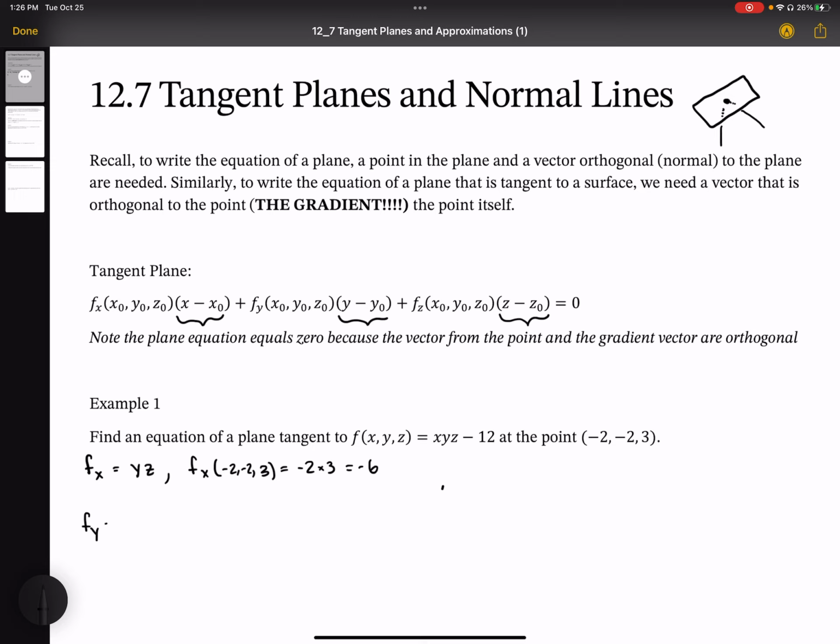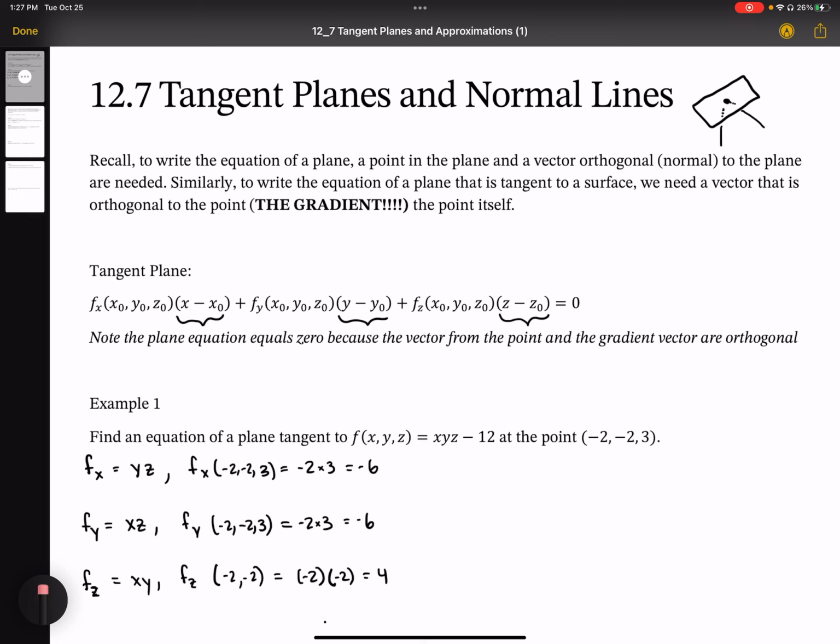Then the partial derivative with respect to y is xz, evaluated at the point is -2 times 3 as well, which is also -6. Lastly, the partial derivative with respect to z is xy, and fz evaluated at the point is -2 times -2, which equals 4.